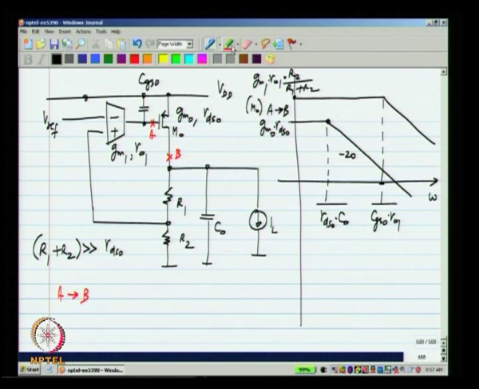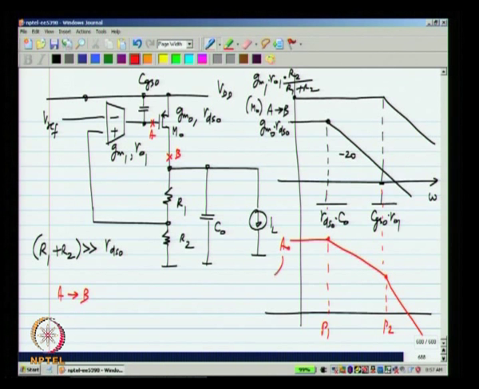So, the overall response would have a DC gain that is the product of the two DC gains. It will have a pole here and another pole there. This is P1 and let me call this P2.